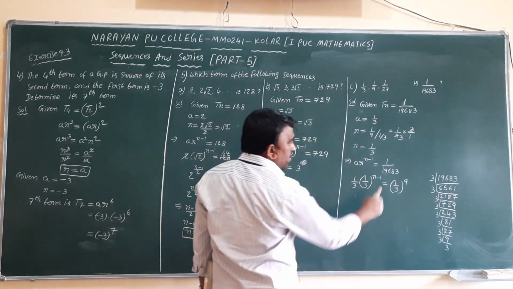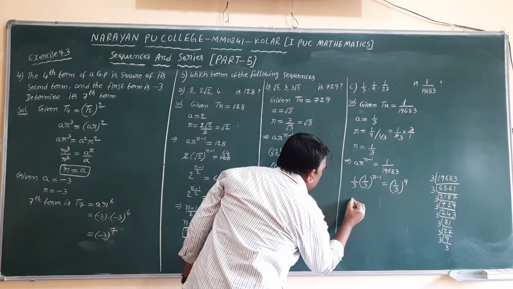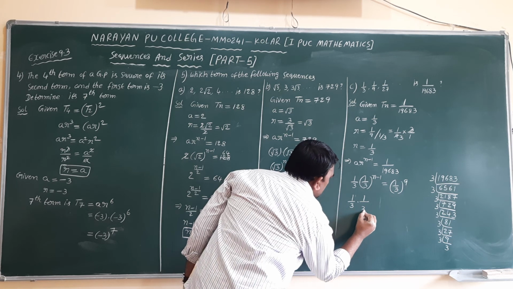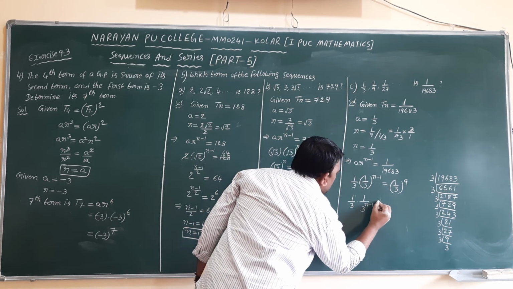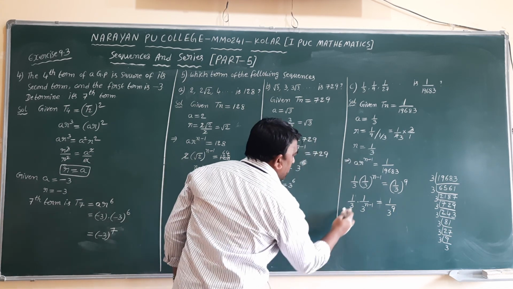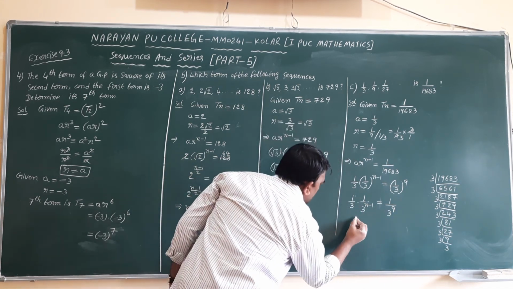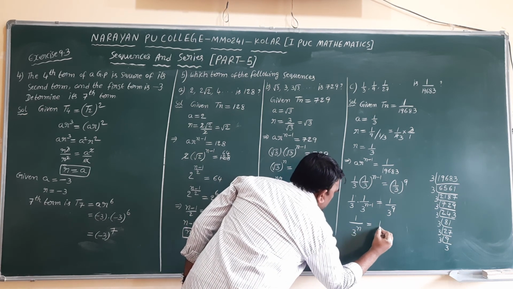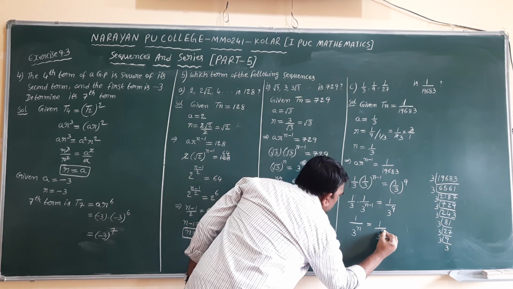So 3 power 9 will give this value. So this we can simplify: 1 by 3 into 1 by 3 power n minus 1 is equal to 1 by 3 power 9. Here bases are same, powers you should add. 1 divided by 3 power n is equal to 1 divided by 3 power 9.